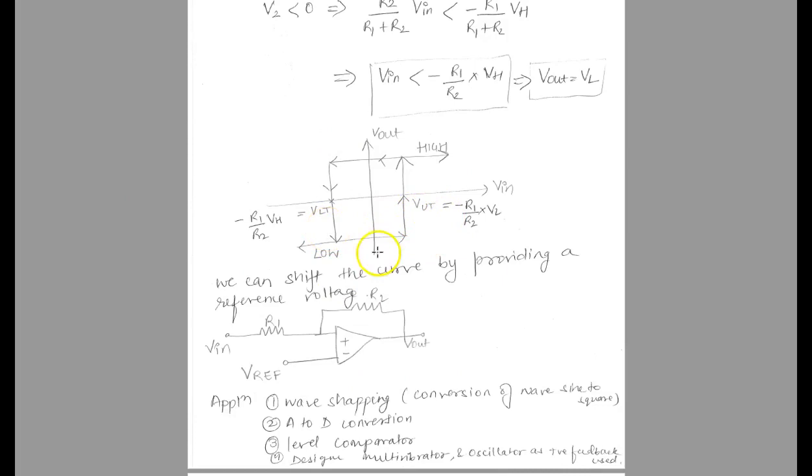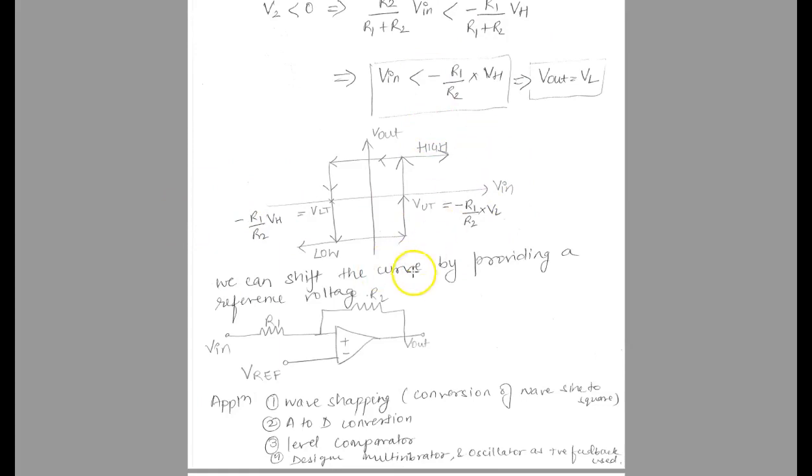Looking at this transfer characteristic, ultimately you should know that the upper threshold limit is negative R1 by R2 into VL, and the lower threshold limit is negative R1 by R2 into VH. That was our goal in going through that derivation.